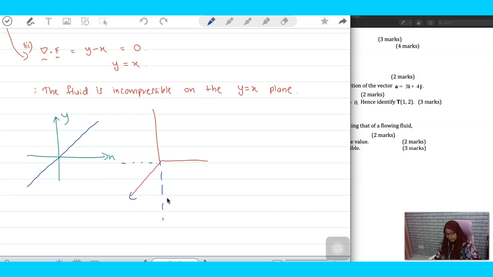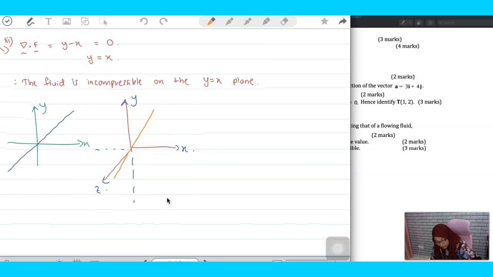Maybe I want to fix the orientation here: this is y, this is x, and this is z. So then what I can draw is the y-x line here. Maybe I should change it, otherwise it will be confusing. Okay, and then I have to do a projection, so it is better for me to increase this.